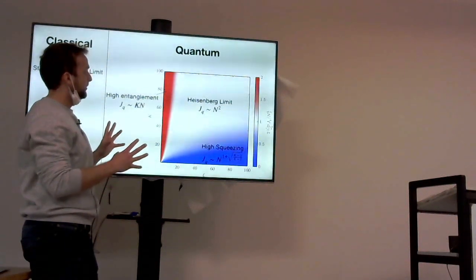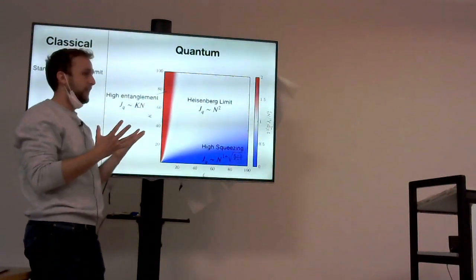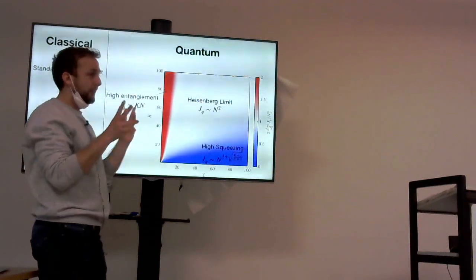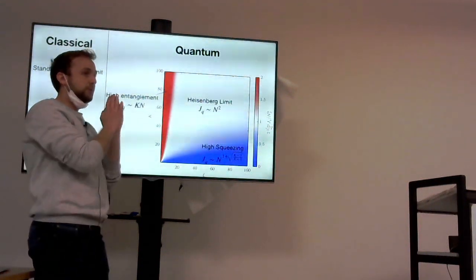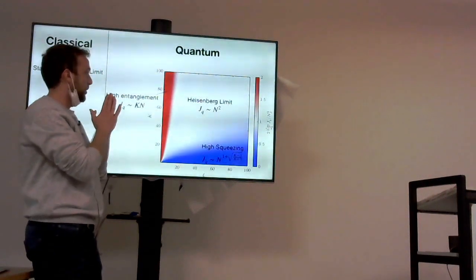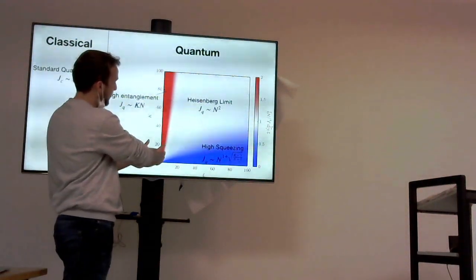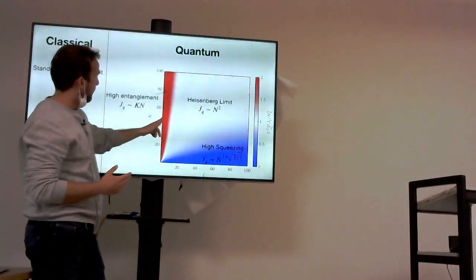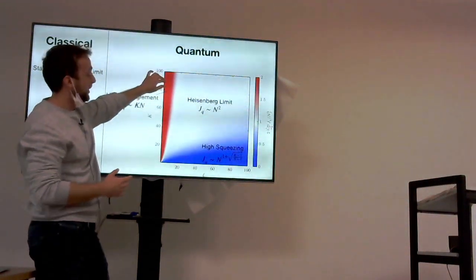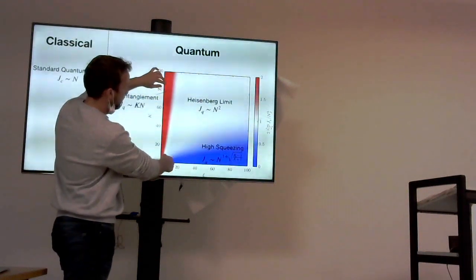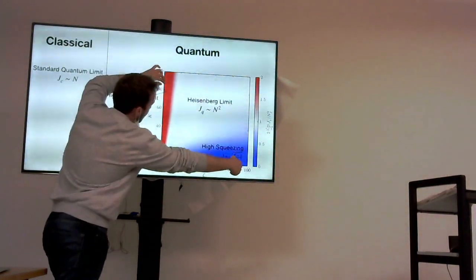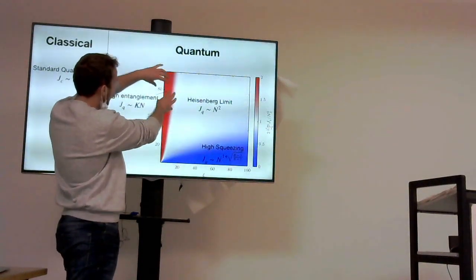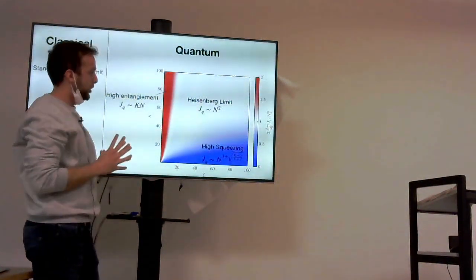And we see three distinct regimes, so three different behaviors for different parameter choices. For example, this red area is where we have a lot of frequency entanglement, but not so much squeezing. So this is what we call the high entanglement regime.